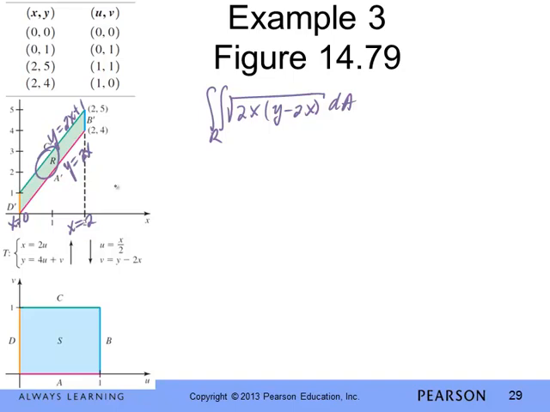And in fact, what is the substitution that we do? We are going to let x be equal to 2u and let y be equal to 4u plus v. Why are we doing that?